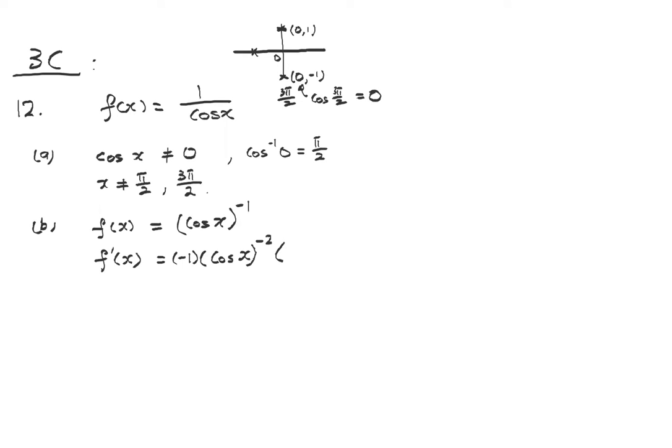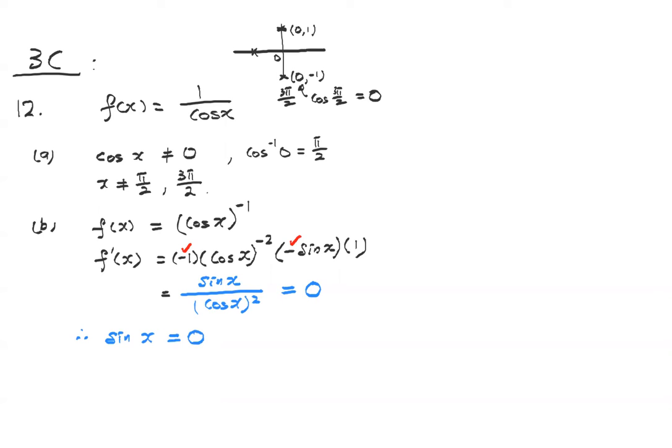Differentiate cos, you get negative sin. Differentiate x, you get 1. Now you simplify by multiplying negative 1 with negative 1. So I have positive sin x divided by cos x, the whole thing squared. I say this is equal to 0. Therefore, sin x equals 0.